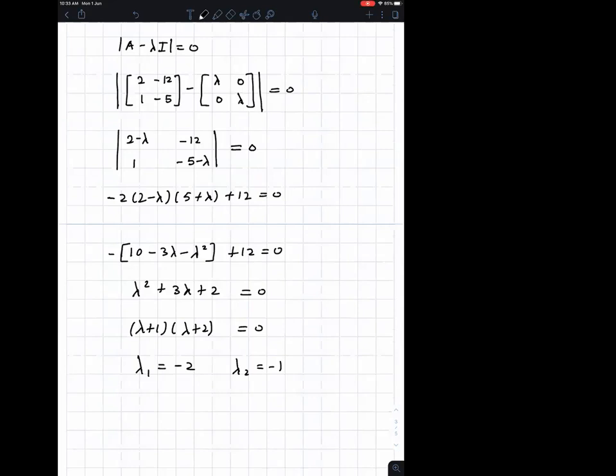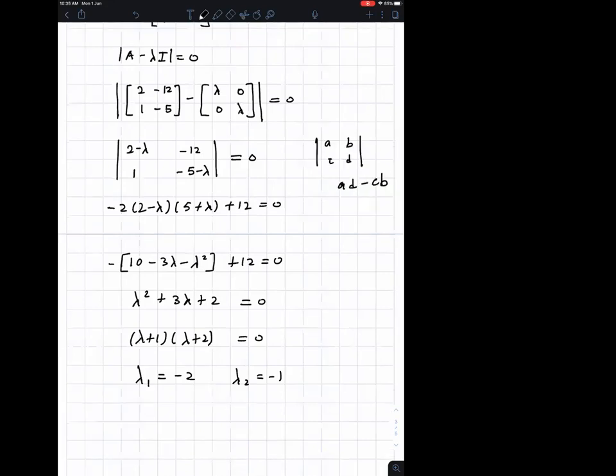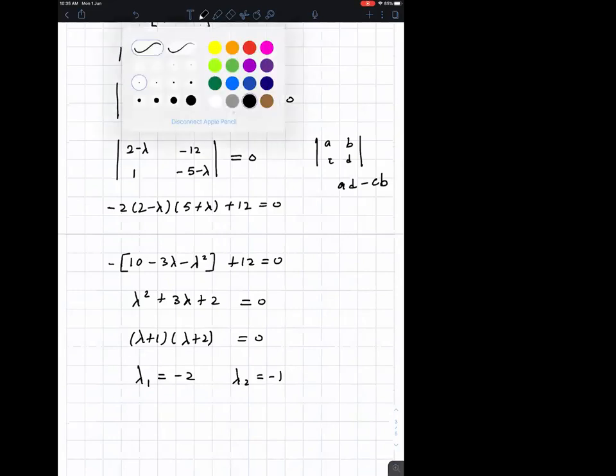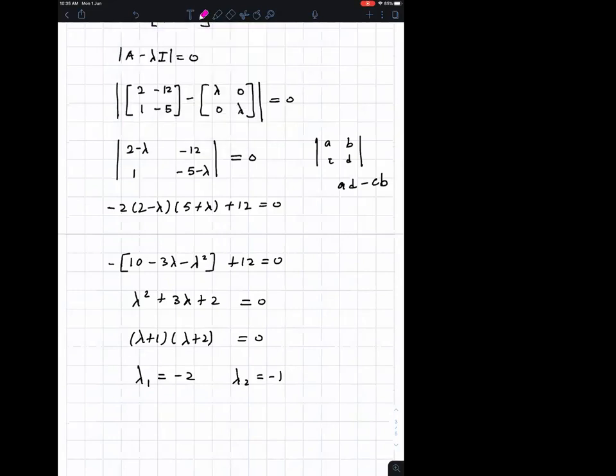Sir, why are you putting -2 in front? For the -2 bracket 2 minus lambda, that part. The reason why I'm getting this minus here is because I'm making this plus here.